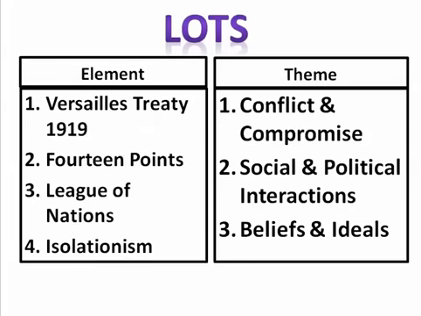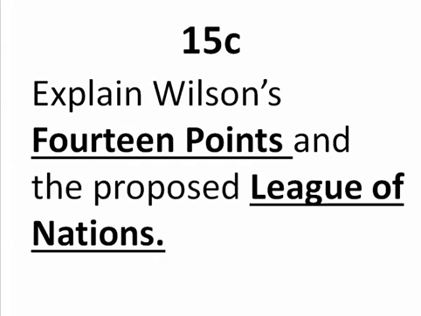So our elements are the Versailles Treaty of 1919 that ends World War I. This is going to end that war. 14 points, which is Wilson's plan for peace. League of Nations, which is the 14th point, and United States involvement in World War I. So here we're talking about the end of the war. Wilson's 14 points and a proposed League of Nations.